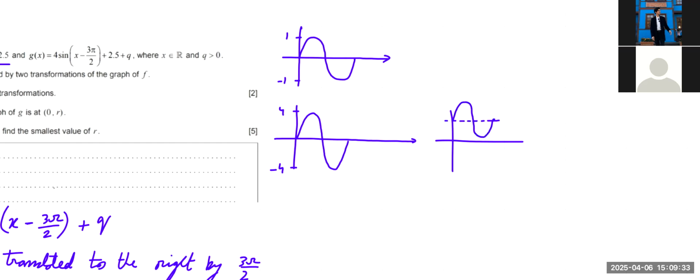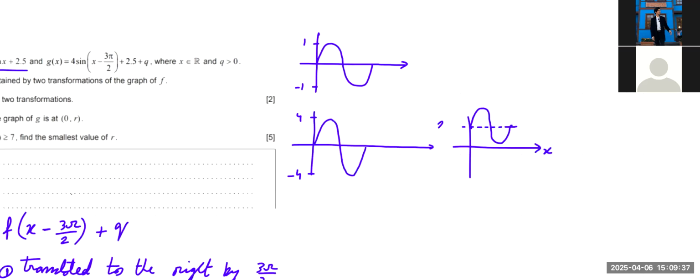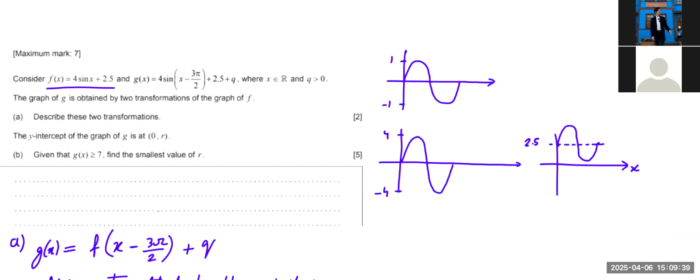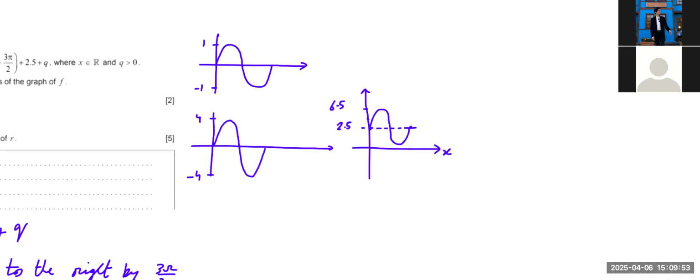It's not at the x-axis anymore, because the center of the graph is at 2.5 because it's moved up by 2.5, and the peak of the graph is now at 4 plus 2.5, which is 6.5, and the bottom of my graph is now at 2.5 minus 4, which is going to be under the x-axis.